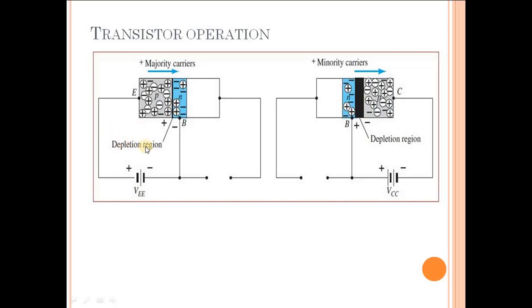In such a scenario, this PN junction has a depletion region whose width is quite reduced, because the emitter base PN junction is forward biased by this DC bias, so the depletion region is quite reduced in width, and so there is a generous flow of majority charge carriers from the emitter P layer to the base N layer. So what are the majority charge carriers in this emitter layer? The holes. So there is a generous flow of holes from P to the N type material.